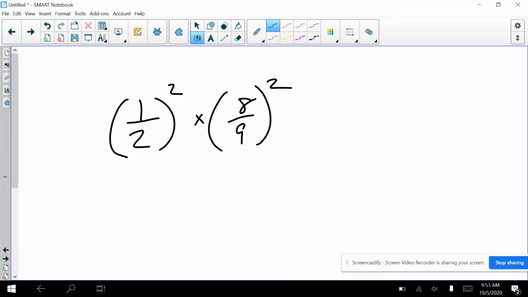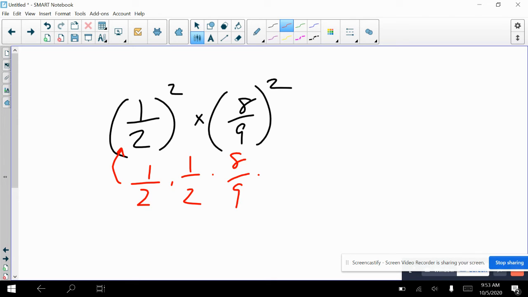How many? 4. That is correct. So we got to write these out. 1/2 times 1/2 takes care of that. 8/9 times 8/9 takes care of that. There's 4 of them.